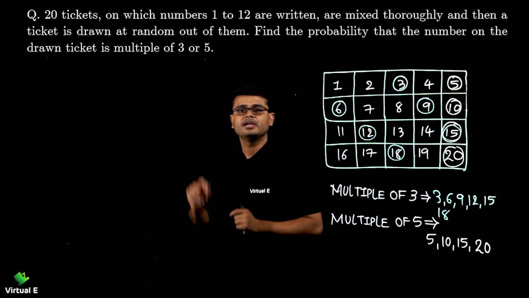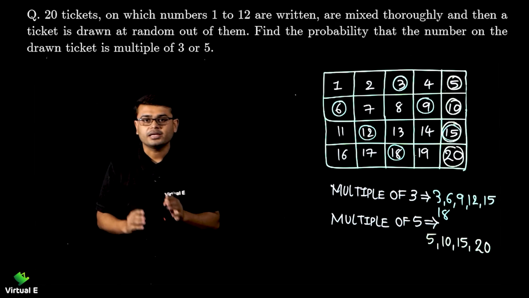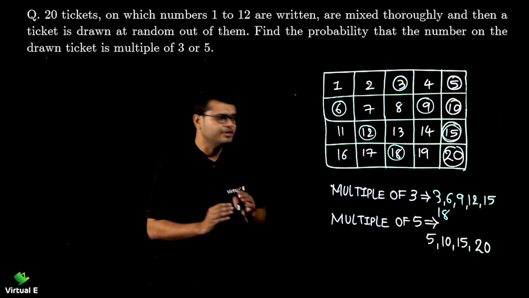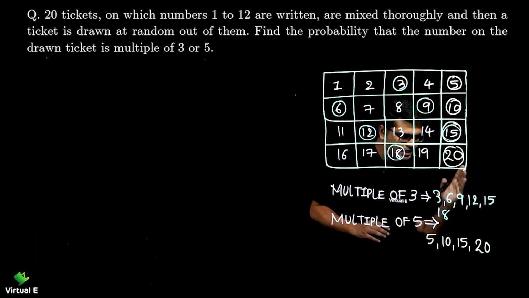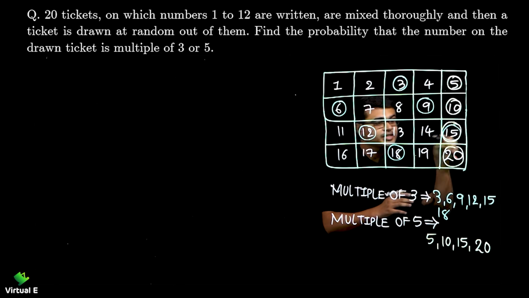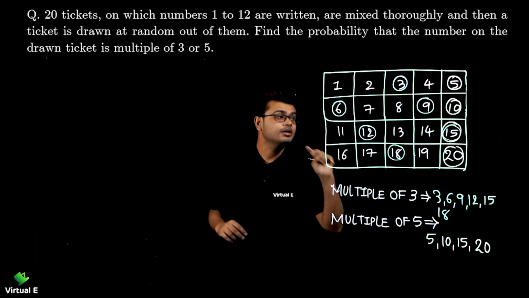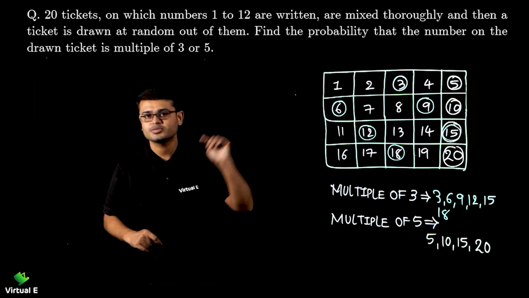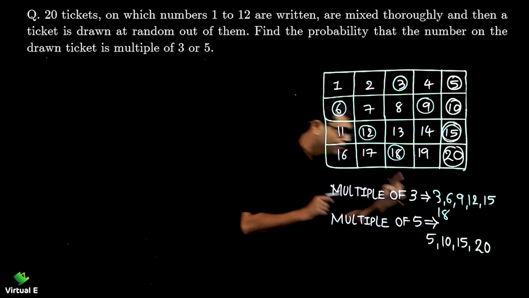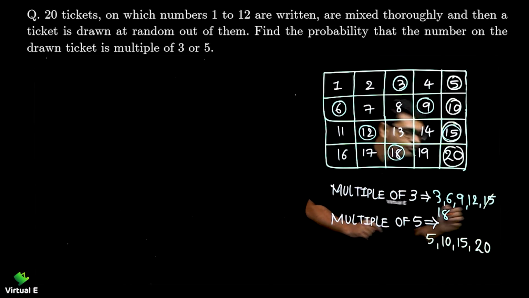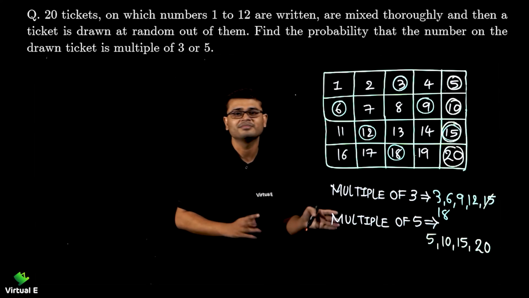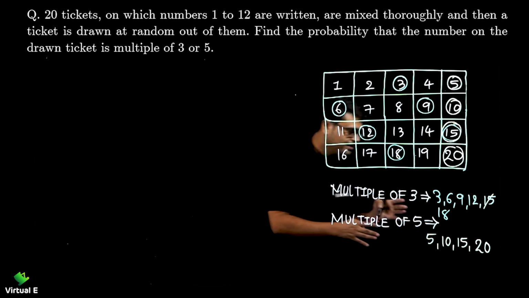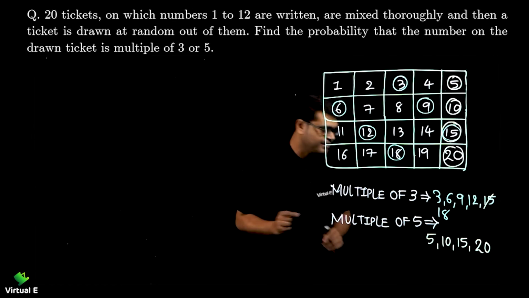Most important case, if a number is being repeated, remember very carefully. 3 is coming only one time, 6 is one time, 9, 12, but 15 you can see I have circled with both colors, blue and orange. In that case, do not count it twice. Remove it from any one of the cases, any one is okay. Don't remove it from both of them, that's incorrect. So remove it from only one category.